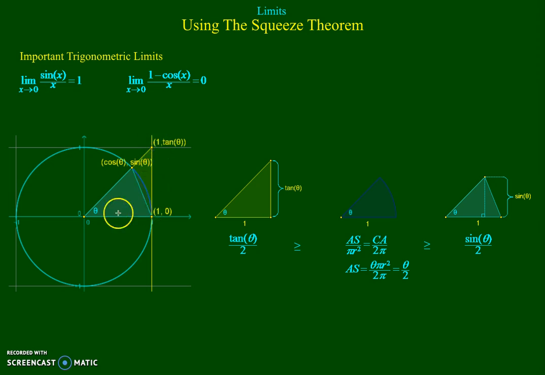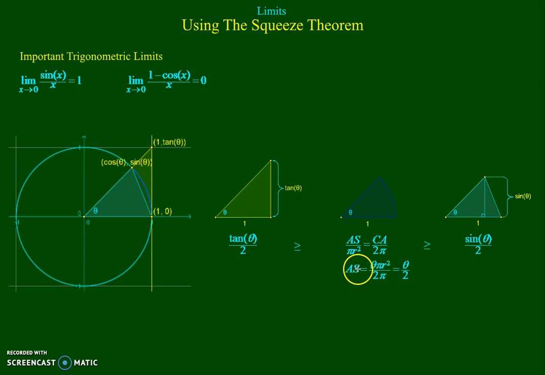The area of this big triangle is 1/2 base times height. 1/2 times the base, which is 1, times the height, which is tan theta, because this y value is tan theta. So that's the area of this triangle. The area of this sector is given by this proportion: area of sector is to the area of the circle as central angle is to 2 pi.